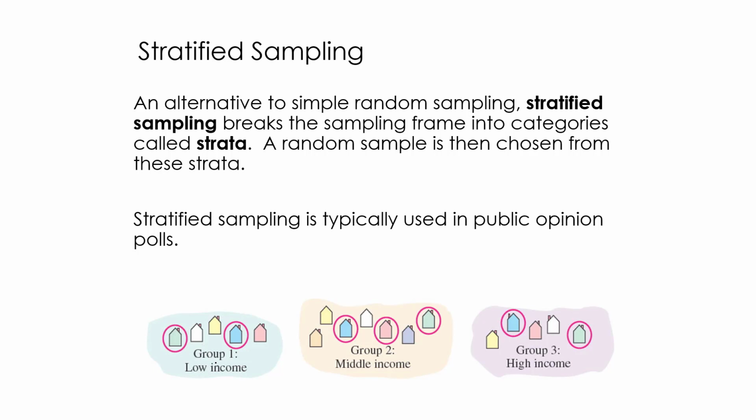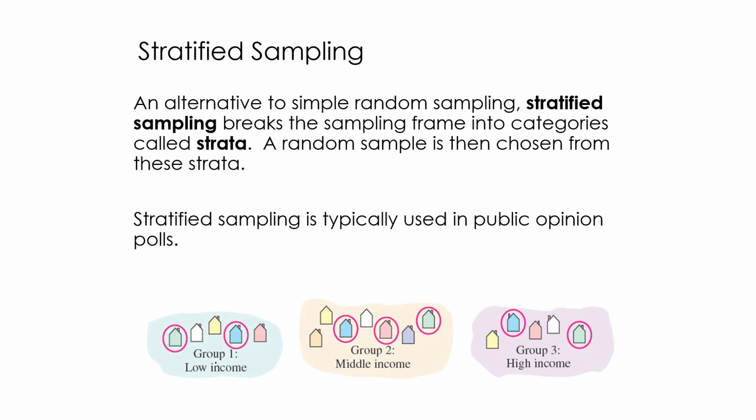And so this is different than quota because you're not agreeing that you're going to have a certain number of these. You're just making sure that you're going to get a representative sample by ensuring that you have people or elements from different groups.